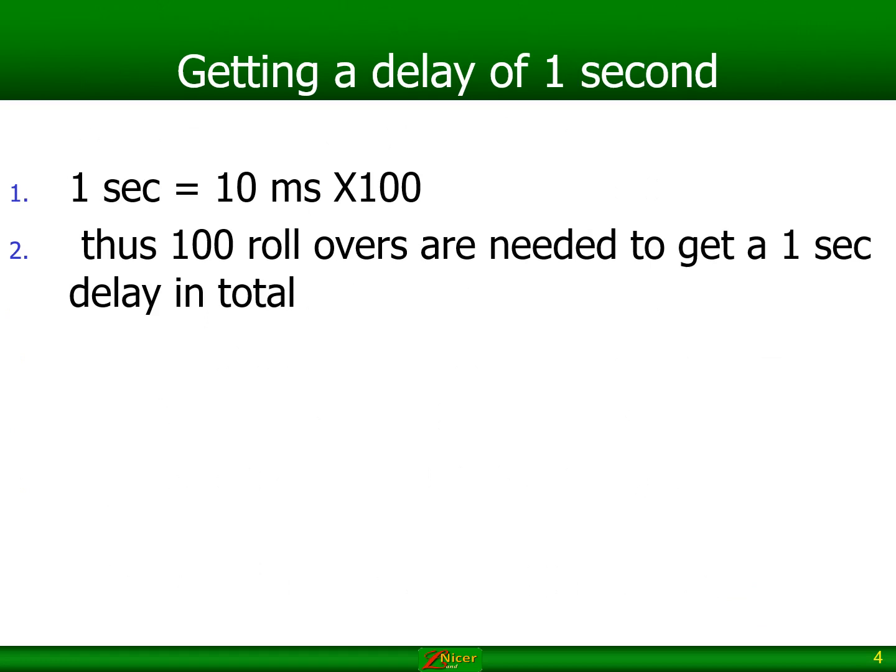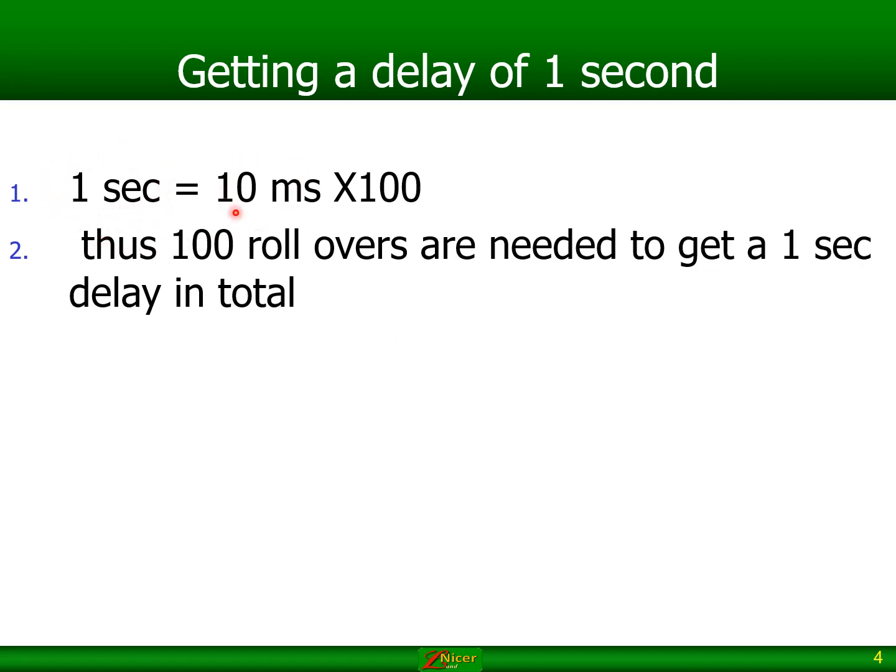So originally I said that I want to get a 1 second delay. When my counter starts at a specific point, in this specific case, the previous slides showed I start at hex 64 or 100, and then it will take 10 milliseconds before it will roll over. But my total delay I want is 1 second.